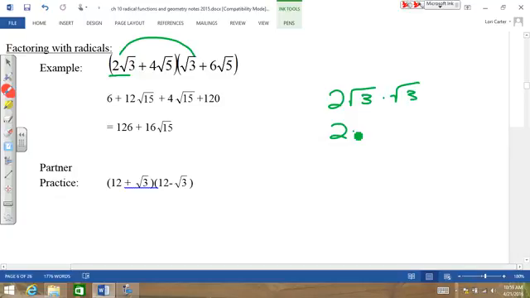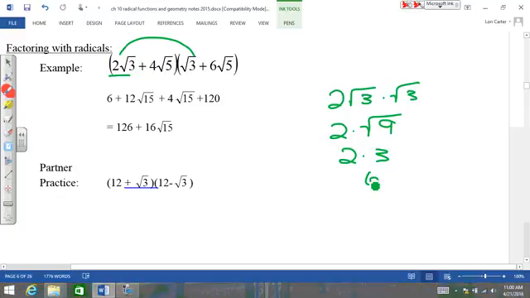Okay, we'll do it the long way, just so you get it. So the square root of 3 times the square root of 3 is the square root of 9. What's the square root of 9? 3. Anytime you take a square root times itself, what's it going to equal? What's inside. Every time. So what's the square root of 5 times the square root of 5? 5.